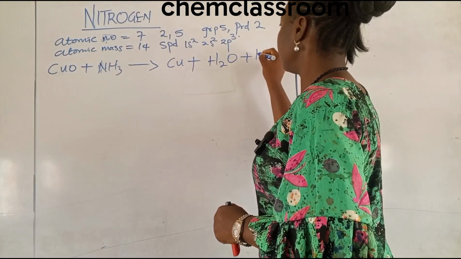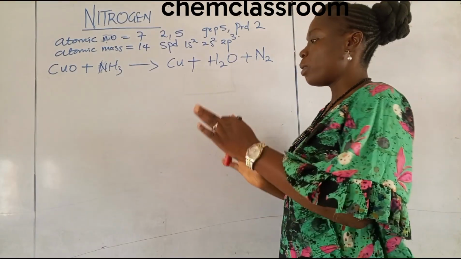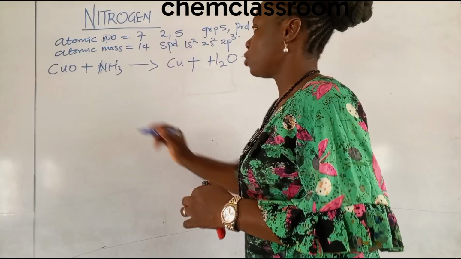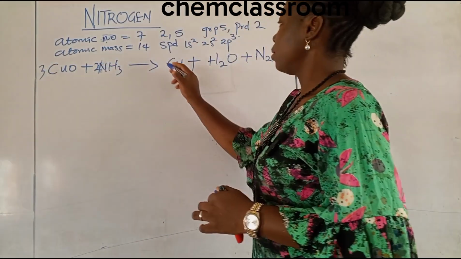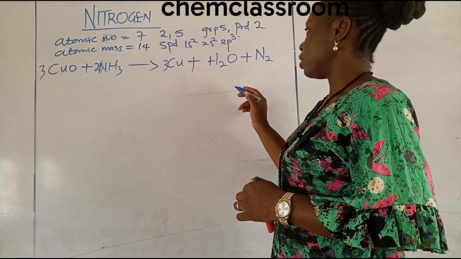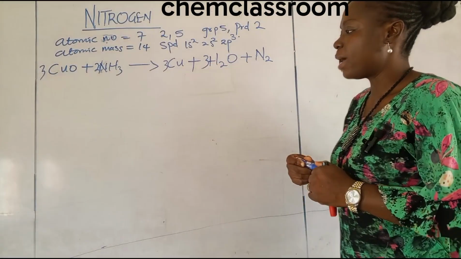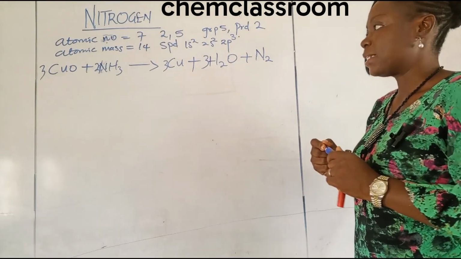Then we'll have the nitrogen gas being given off. So let's see how we can balance this equation. Okay, so I'll put 3 here, 2 here, 3 here, then I think I'll also put 3 here. So if we do our atom count, we'll see that the equation is already balanced.